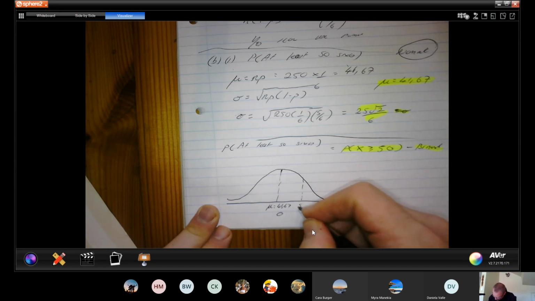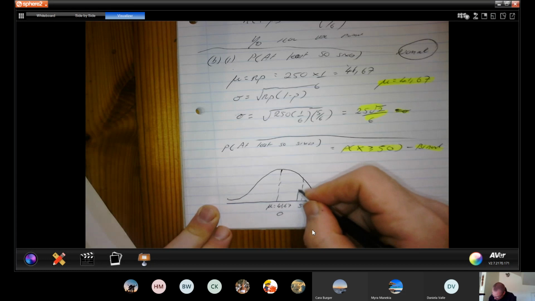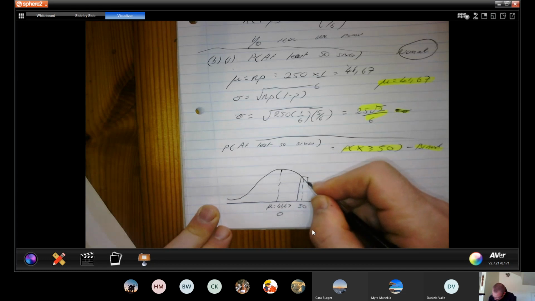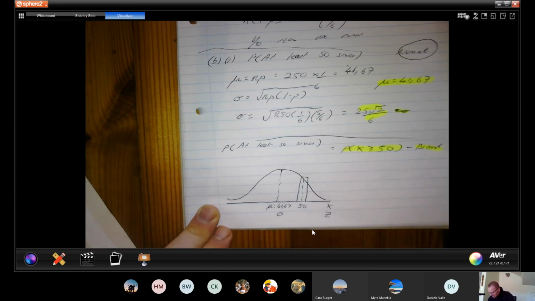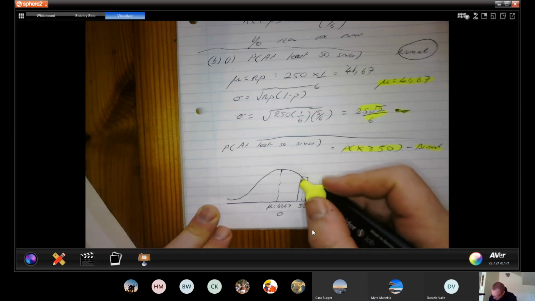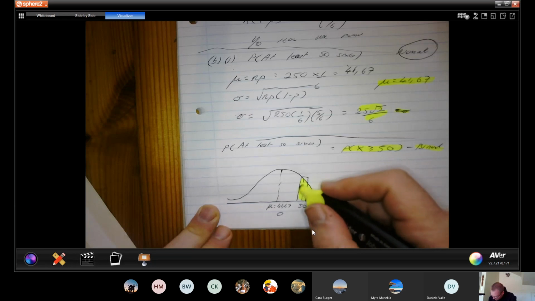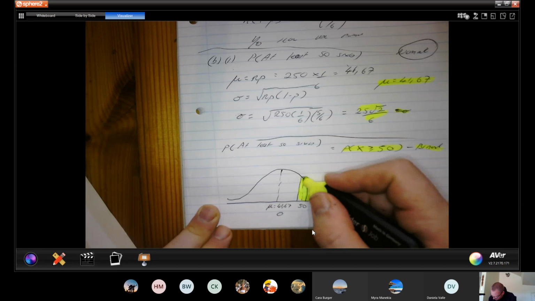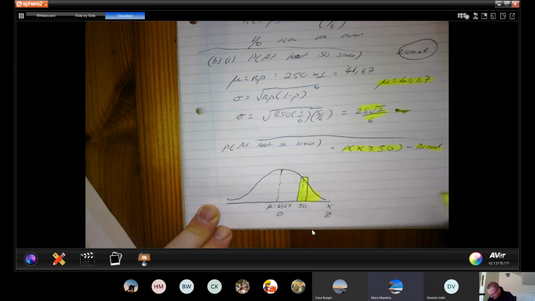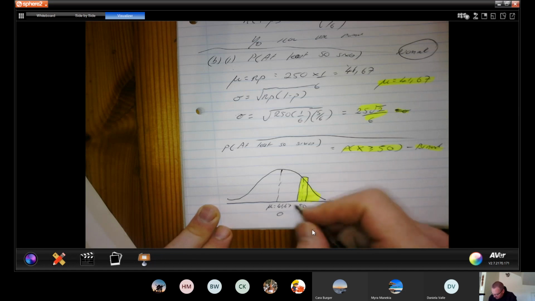There's 50. Now it's a binomial approximation we're doing, so we want the whole bar. Myra, do we want to include the 50 bar or not? Yes, we do. So we're looking for this area over here, and we include the whole bar. So I'm going to have to find an x score.